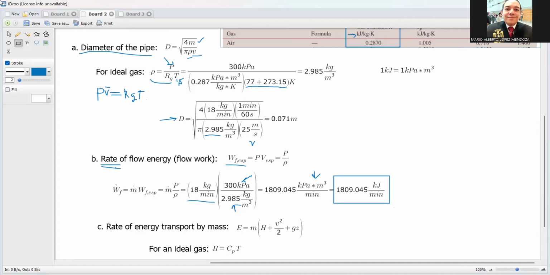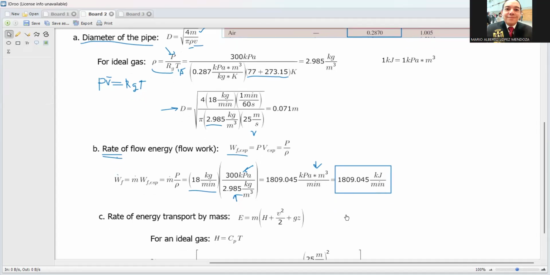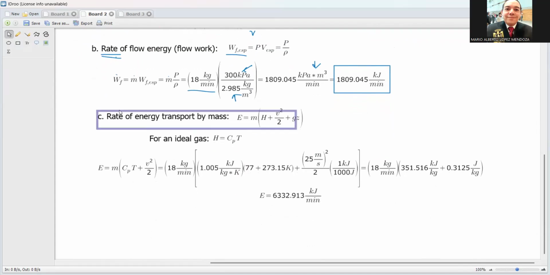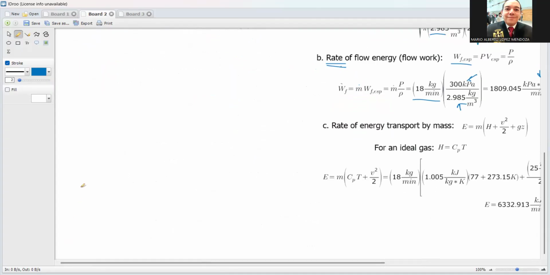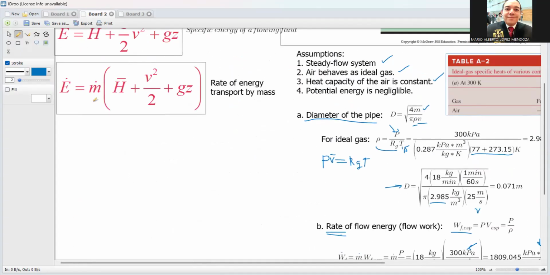Yeah, so finally, we want to estimate the rate of energy transfer. In our previous class, or in our previous video, we stated this equation for the rate of energy transfer by mass, depending on the mass flow rate, the specific enthalpy of the fluid, its velocity, and its position.